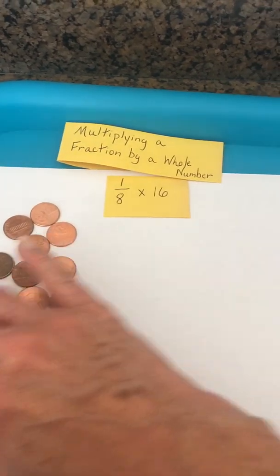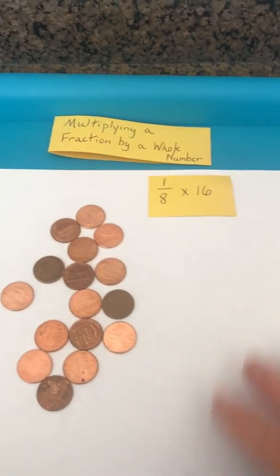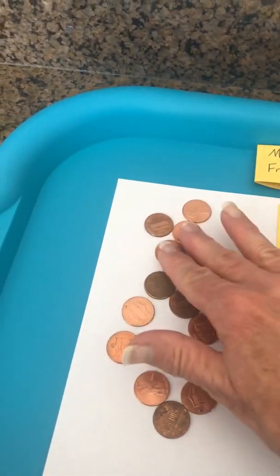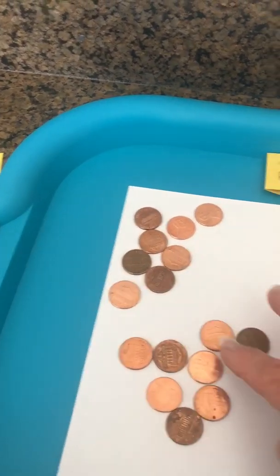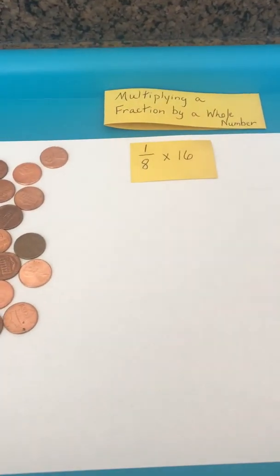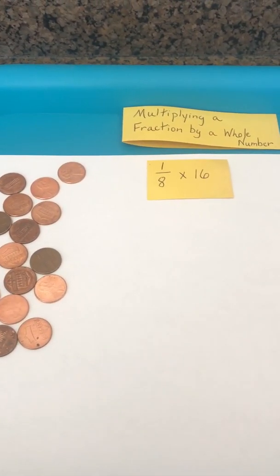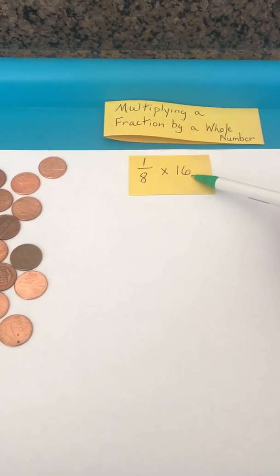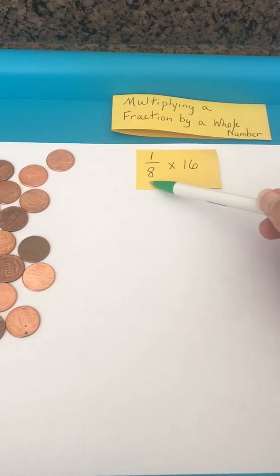You could think of cookies, you could think of Skittles, think of whatever you like to eat. Okay, whatever your favorite snack is. M&Ms. Okay. All right, once again, I divide my whole number, 16, into 8 equal parts.